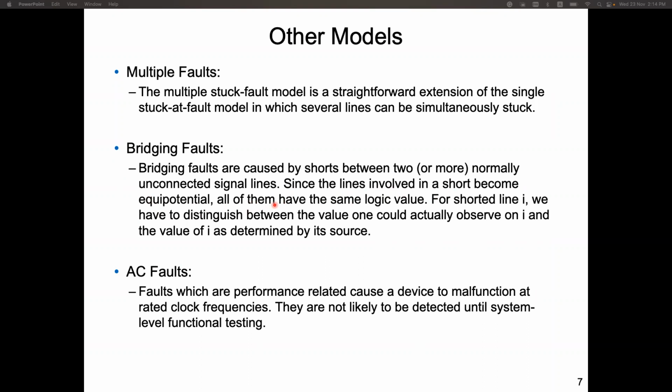They can vary; they are not stuck at 0 or 1, but they have the same potential and the same logic value. So for this kind of fault, we need to distinguish between the value one could actually observe on it and the one determined by the source.